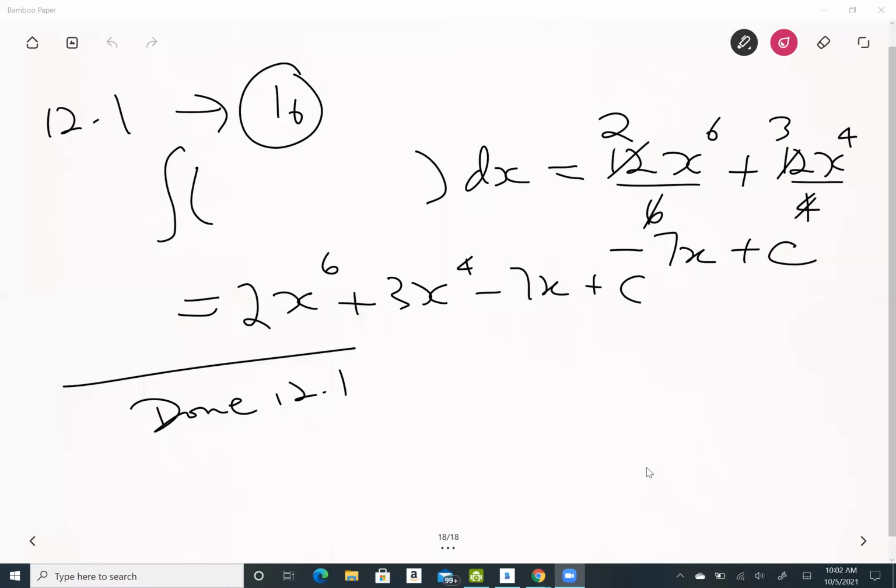Okay. An example will be something like this. Let's say you want to integrate y equal to 4x to the power of 5.